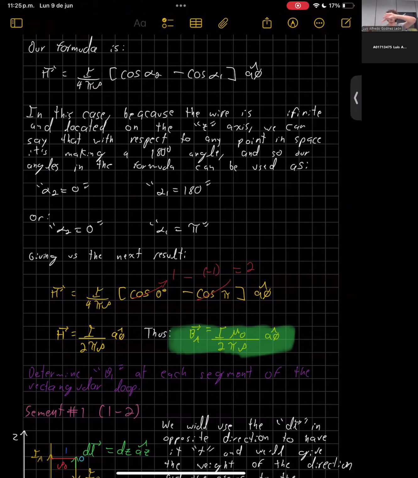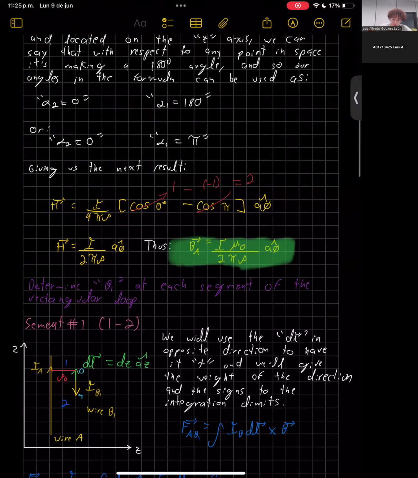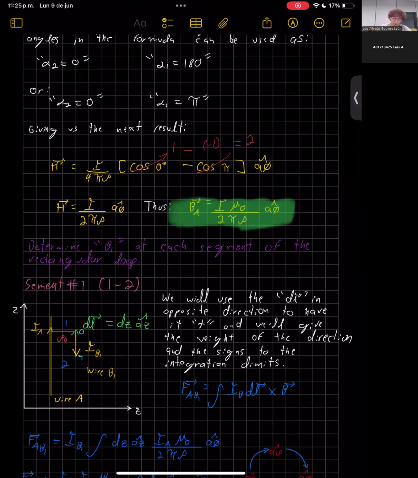It's the amount of movement that you have around the plane in cylindrical coordinates from going from one side to another of the same plane or the same axis. I don't know if I explained myself very well. Leading us to this final result of the magnetic field or the magnetic force.